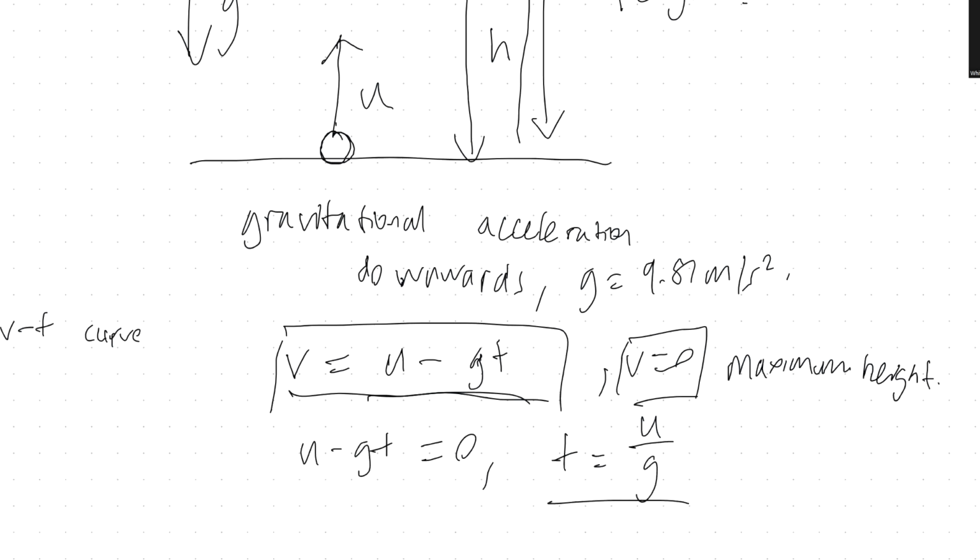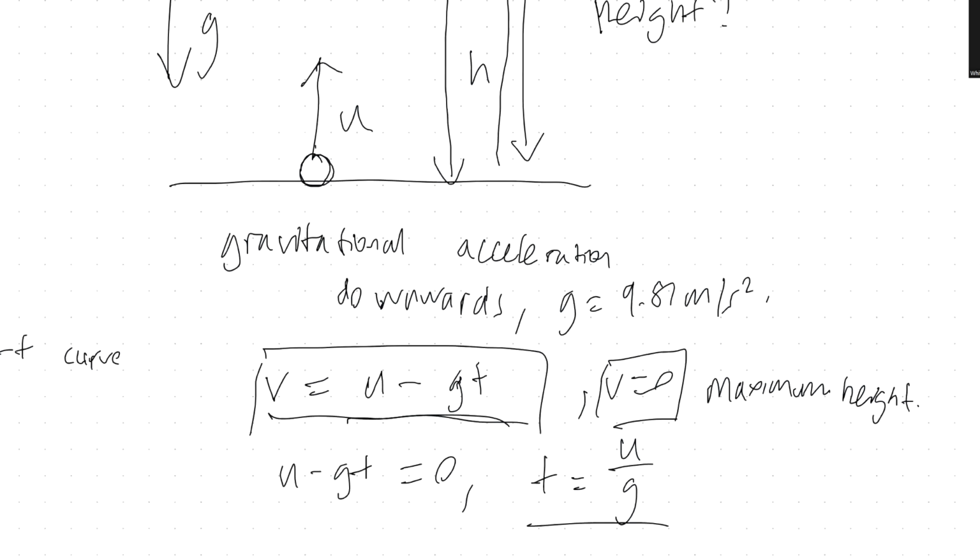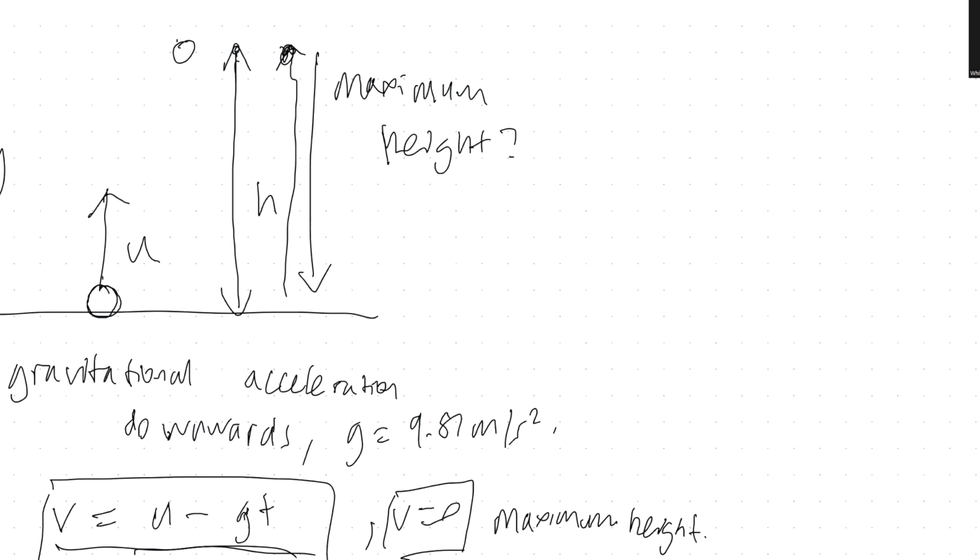And now how do we find the maximum height then? We have that the time is u over g, and we know that the acceleration, or the deceleration, is g. So now we can use our suvat equations. Let's use the second equation first: the displacement is equal to the initial velocity times time, u over g.